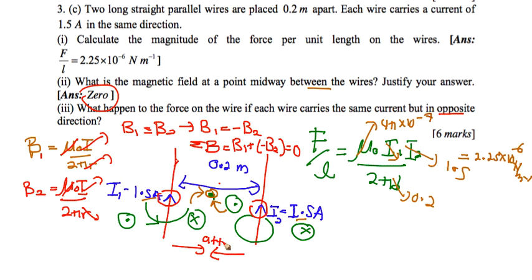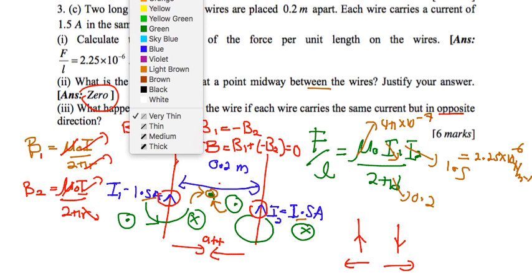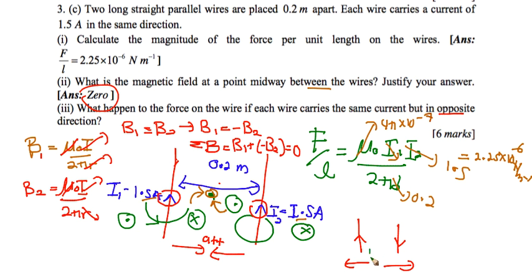If the currents have opposite directions, say upward and the second wire downward, the two wires still have a force, but the direction of the force is repulsive, right? So for the same direction, the two wires have an attractive force, and for the opposite direction, the force on the wires is repulsive.